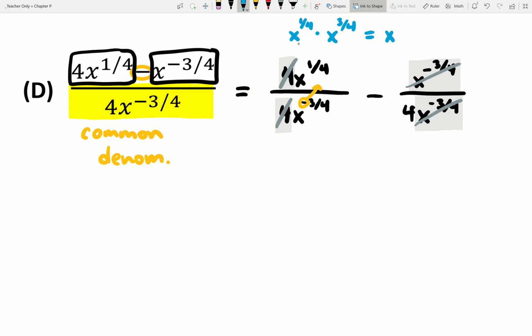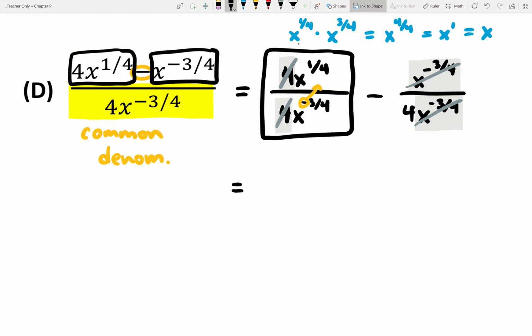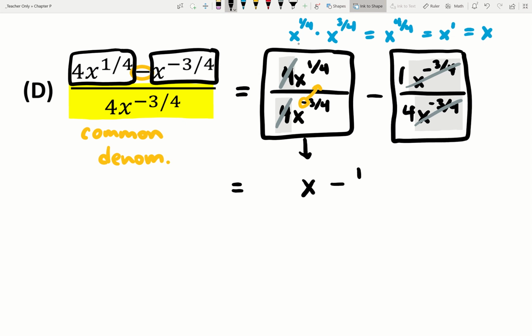That would be x to the power of 4/4, and we all know that's just x to the power of 1, which we typically just write as x. And so believe it or not, this whole first fraction is just going to simplify down to simply x. And then this second fraction right here, after everything cancels, is just going to simplify down to negative 1/4.